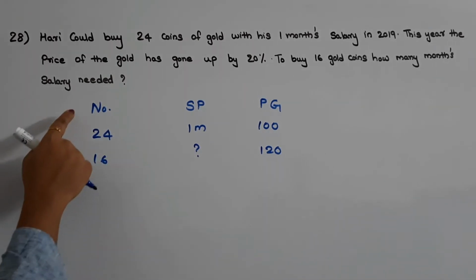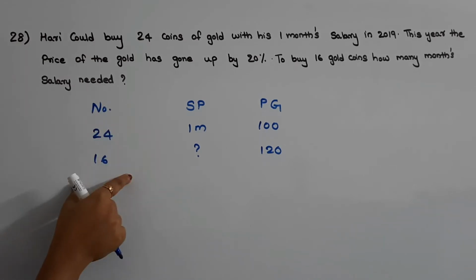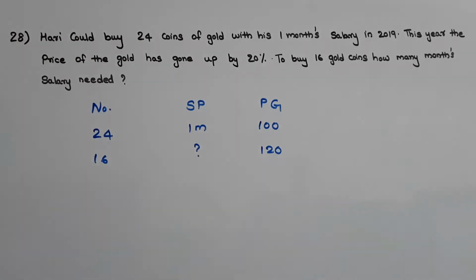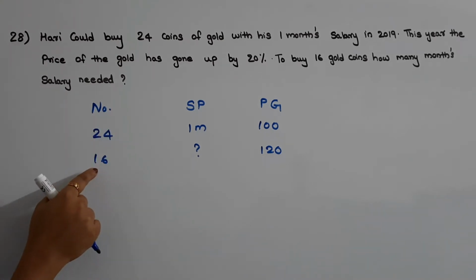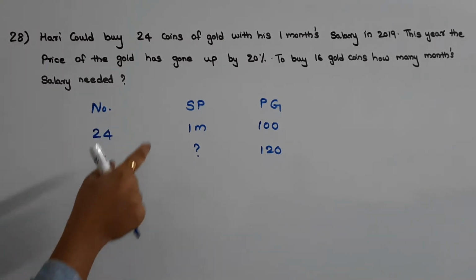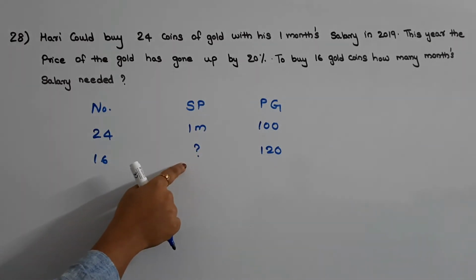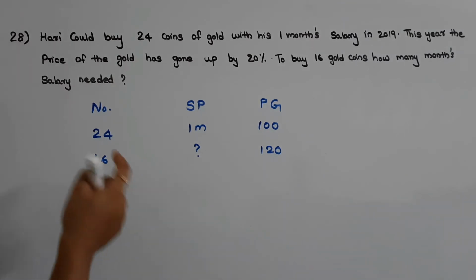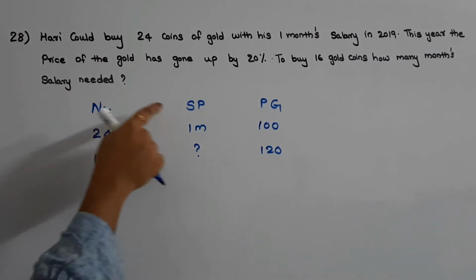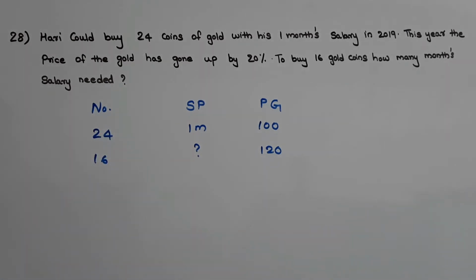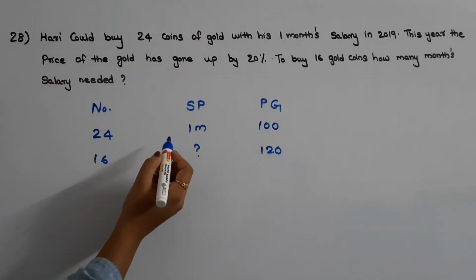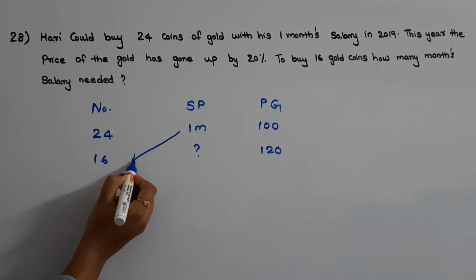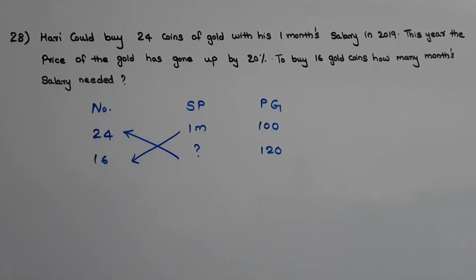So for that, first we need to see the relationship between the number of gold coins and the salary period. So if the number of gold coins he needs to buy decreases, the period of his salary will also decrease. With the less period's salary, he could buy the gold. So the number of gold coins and the salary period are directly proportional to each other. So if they are directly proportional to each other, we need to do cross multiplication.